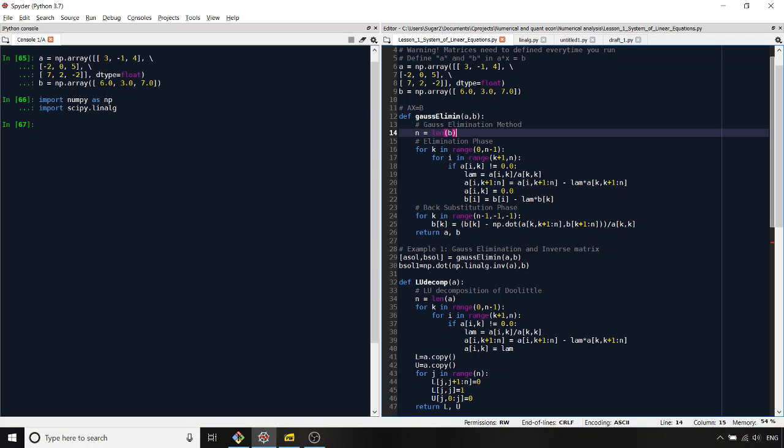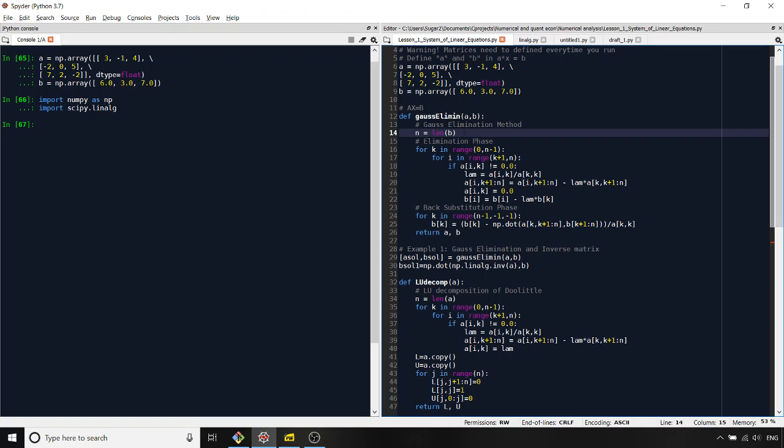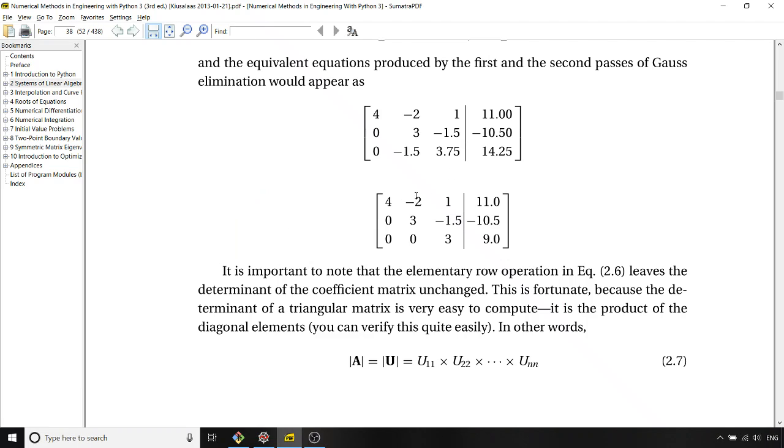So here we get the number of rows, counting the B. Here we have K and I, two loops, and this goes through each row and each column.